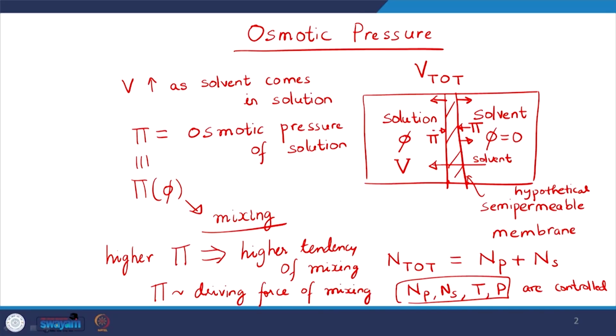Just to think of an analogous situation where there is no membrane, we can imagine, for example, smoke starting to come from one side of this room. The smoke has a tendency to fill the entire room, because smoke wants to be dissolved in the air in the entire room. Smoke does not have a tendency to phase separate, smoke has a tendency to mix.